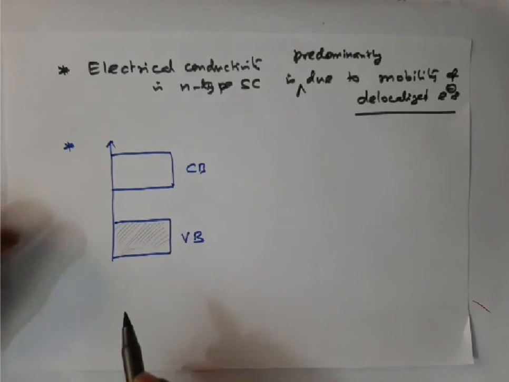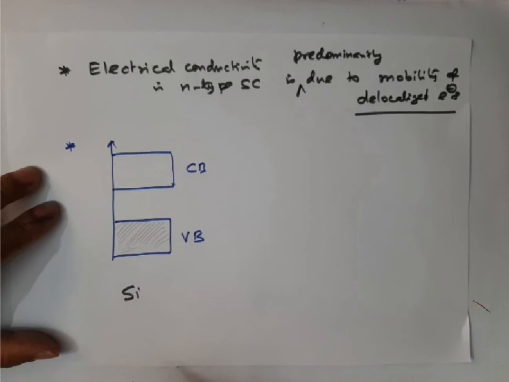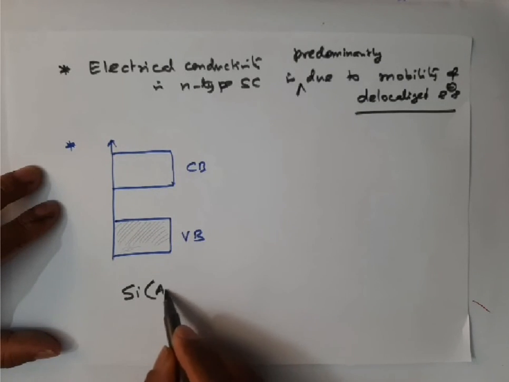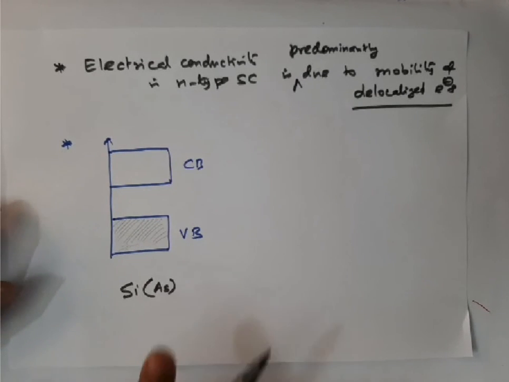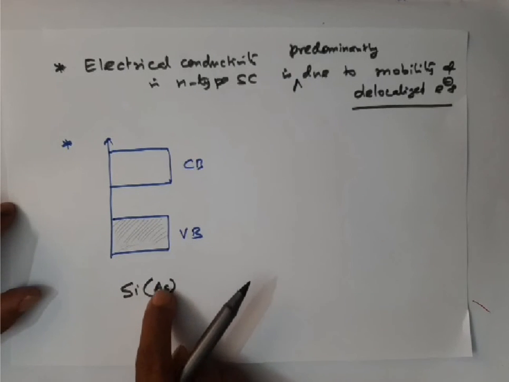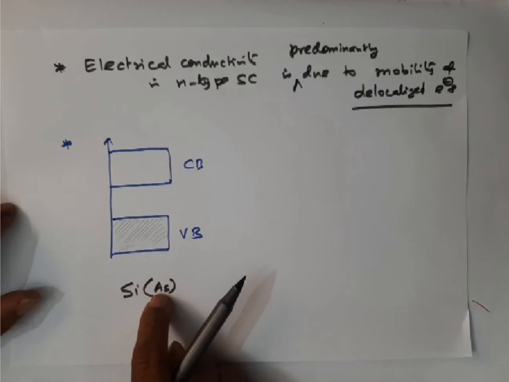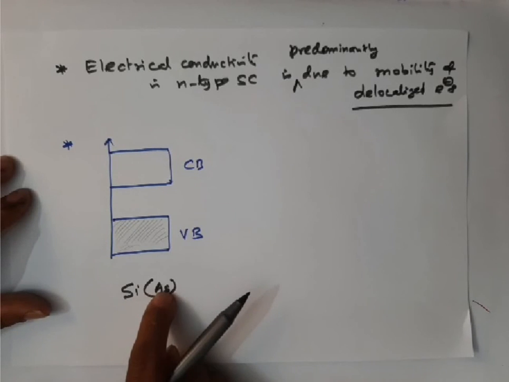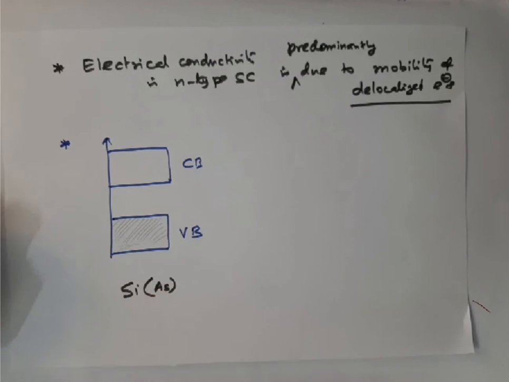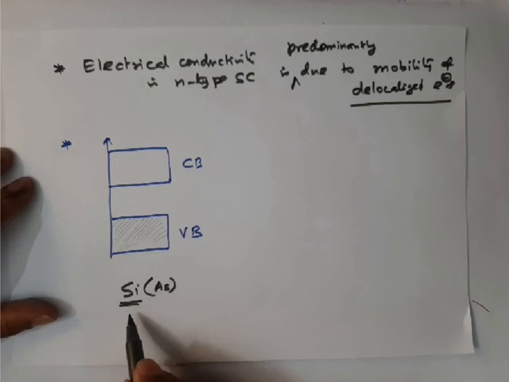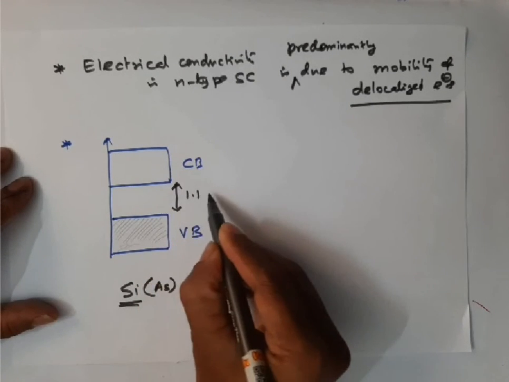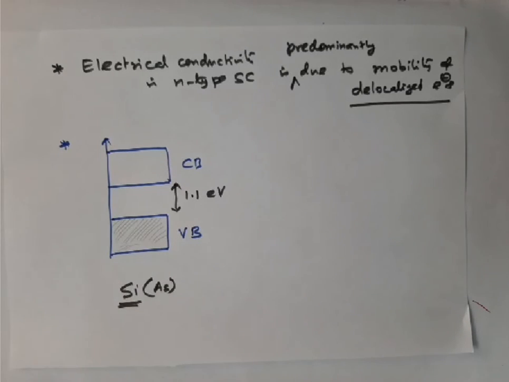In this silicon I will add arsenic as the impurity. The element shown within brackets is the impurity element, and this is the host crystal. Since the host crystal is silicon, the band gap is 1.1 electron volt.